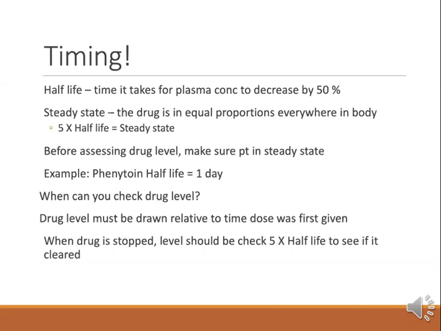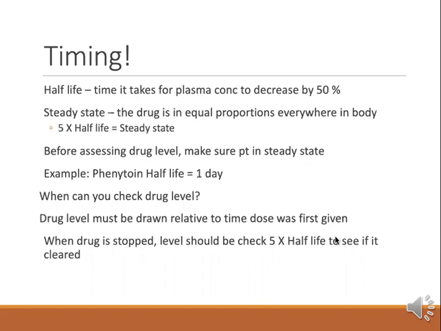A steady state is when the drug is in equal proportions everywhere in the body. So basically, 5 times the half-life of a certain drug equals the steady state. So before assessing the drug levels, we have to make sure the patient is in a steady state.